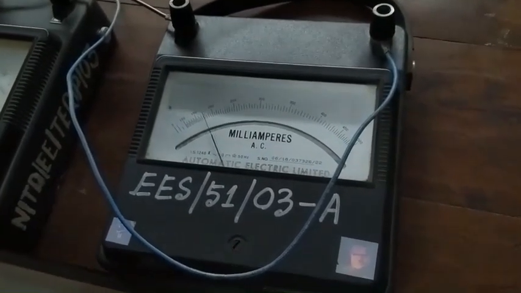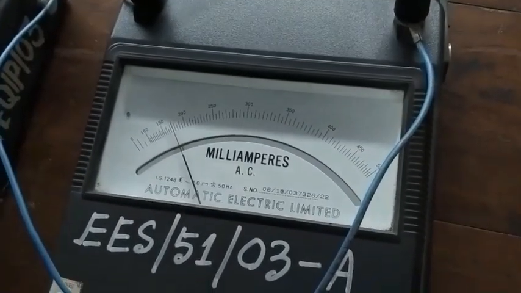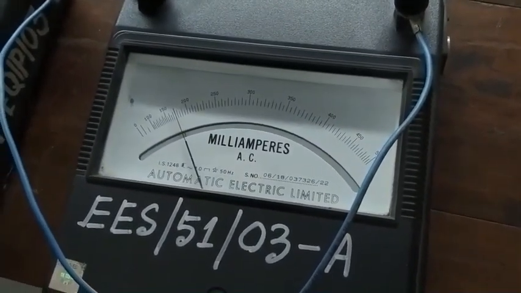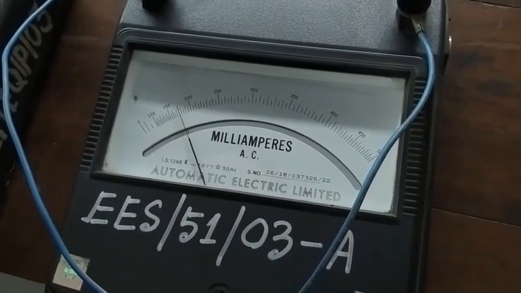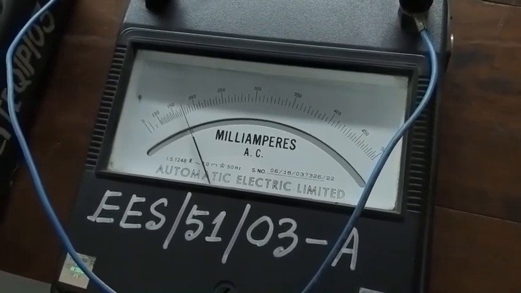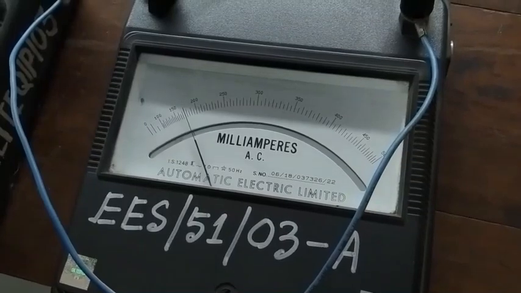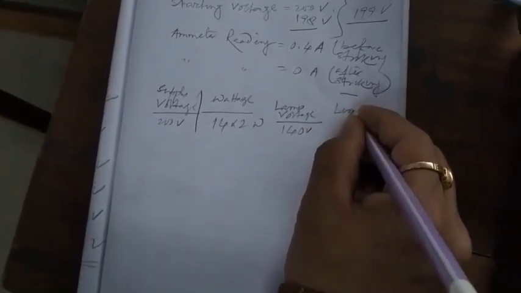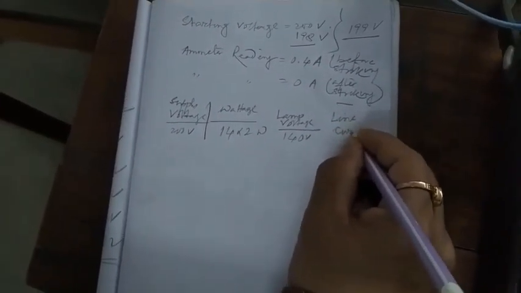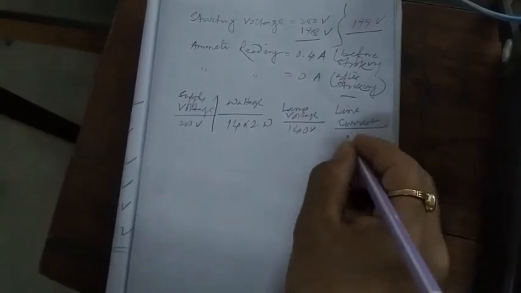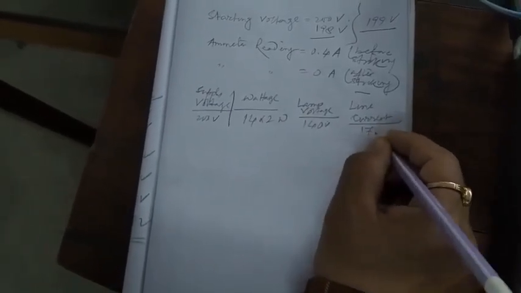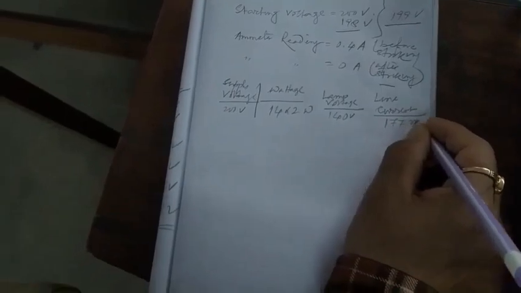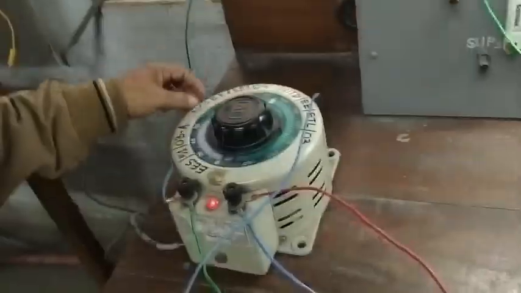Here it is 150, 60, 70, 75, 77. The line current is 177 milliampere.